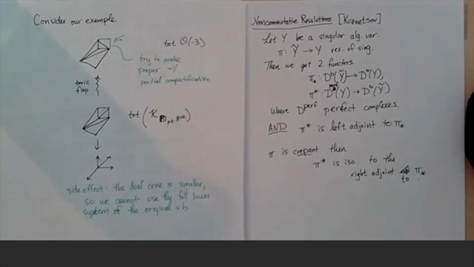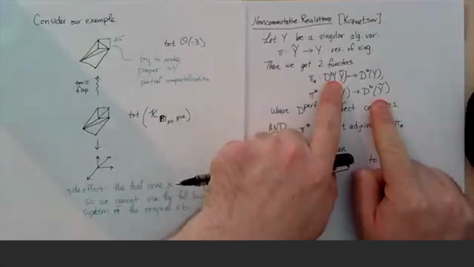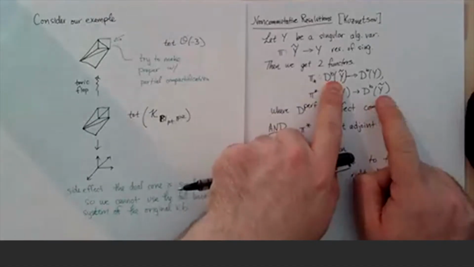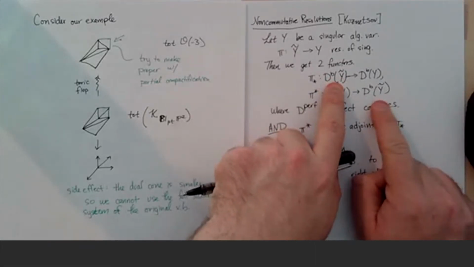So what a categorical resolution does is it emulates what these things are. Okay, so instead of finding this resolution of singularities, what we find is some replacement category that goes in these places.